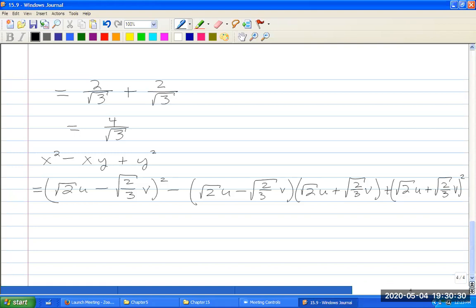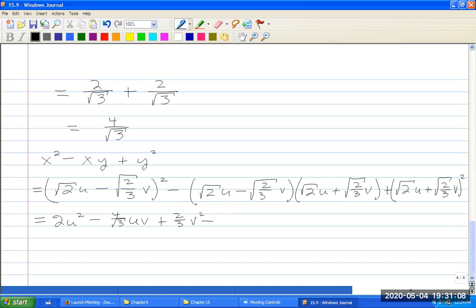So this is equal to 2u squared. Actually, I'll probably just do it this way. This is equal to 2u squared minus, oh, those aren't just nice. This is going to give you a 4 over rad 3 uv plus 2/3 v squared, minus, this again is going to be the difference of squares.